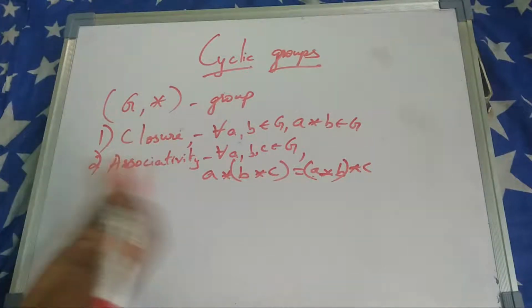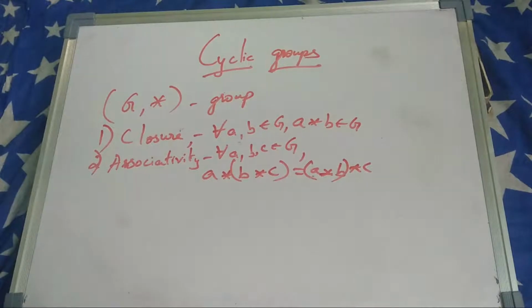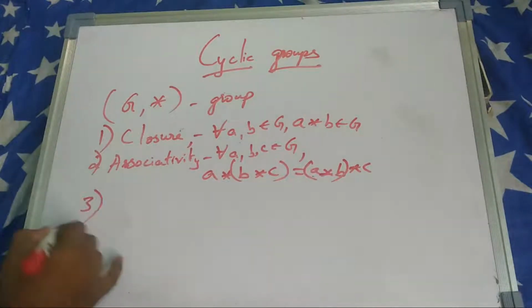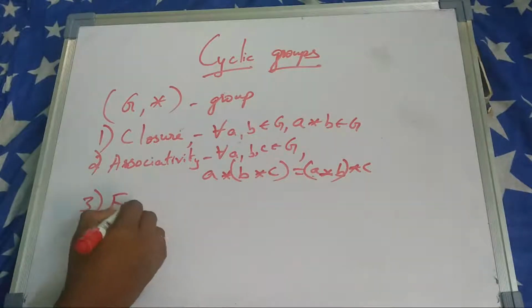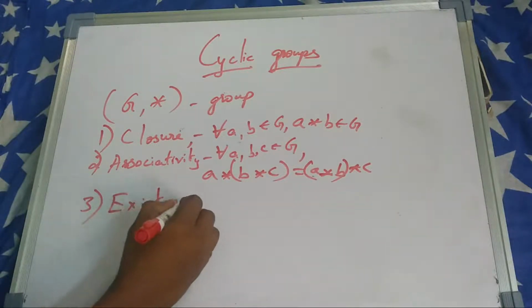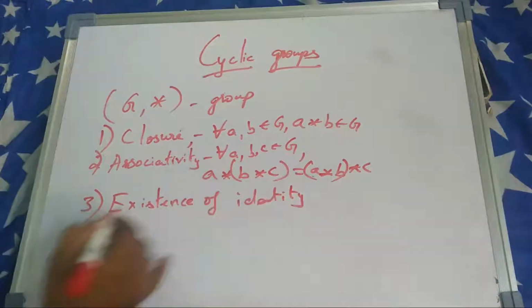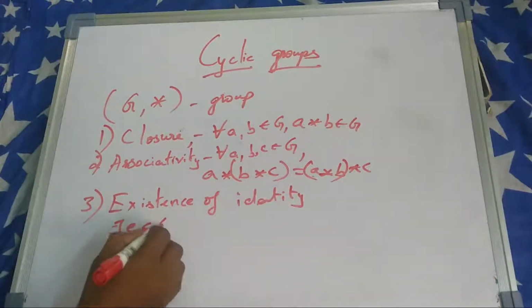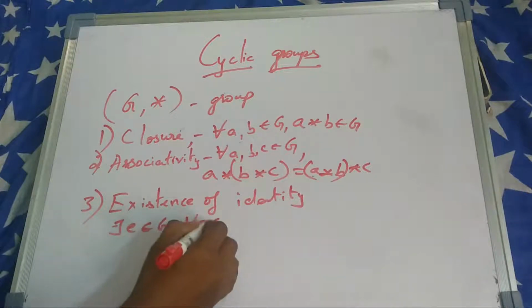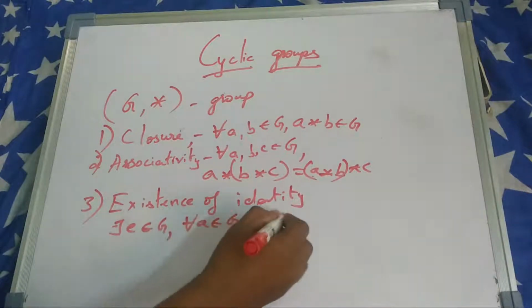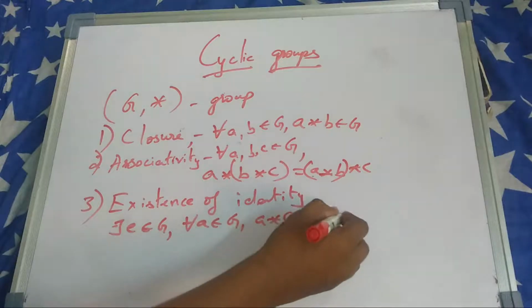That is, you can switch the brackets in whichever way you wish. Third is existence of identity. That is, there exists some E in G such that given any A in G, A star E equal to E star A equal to A.